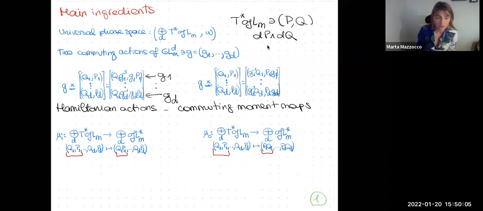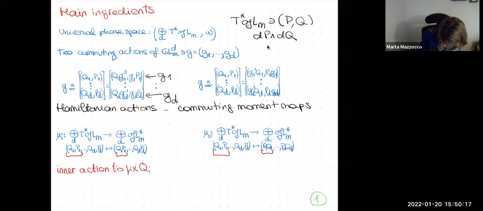And as I said, they commute. So I can use the inner action to fix Qi Pi equal to something, say lambda i, for example diagonal if that's possible, or Jordan normal form if it's not. And then act with the outer action.